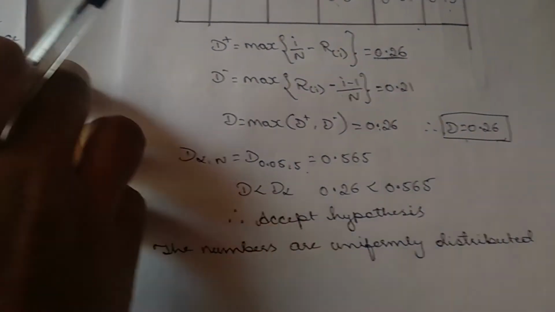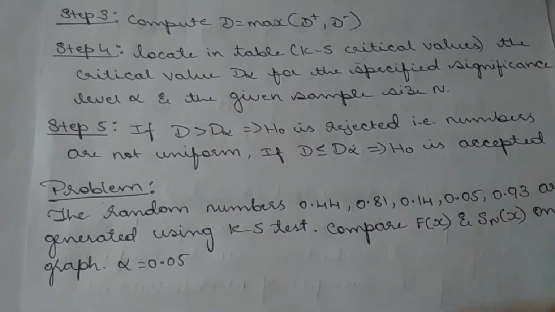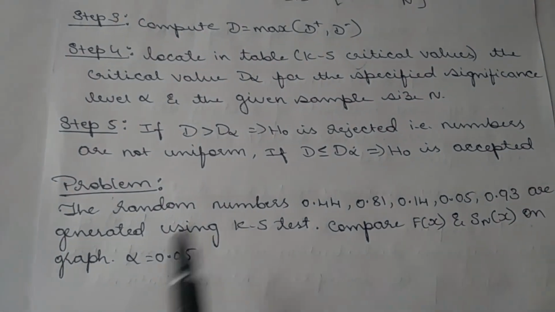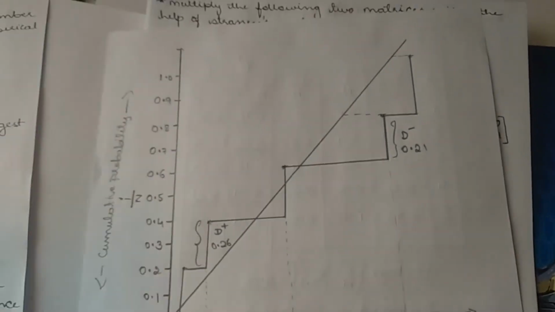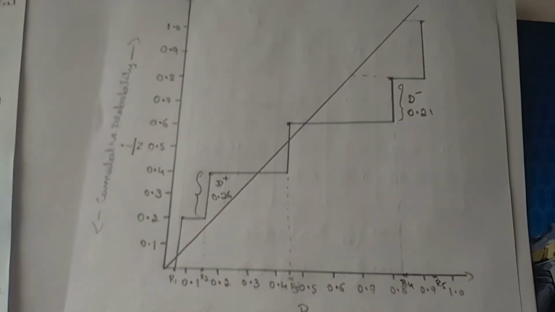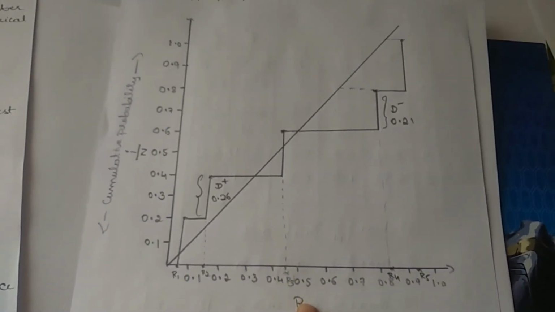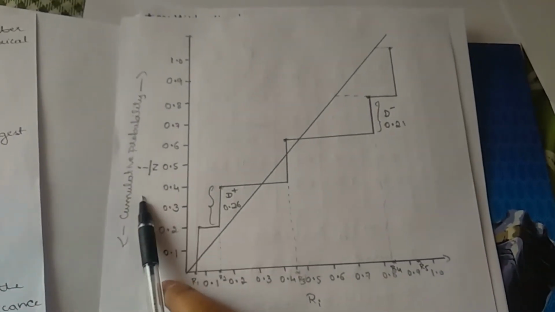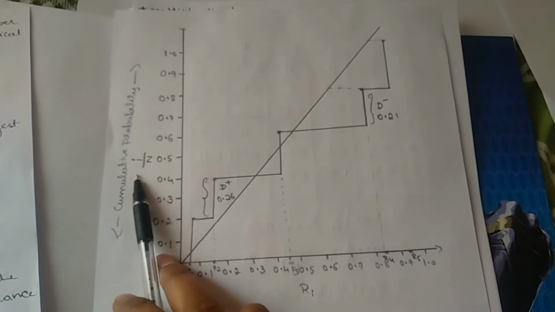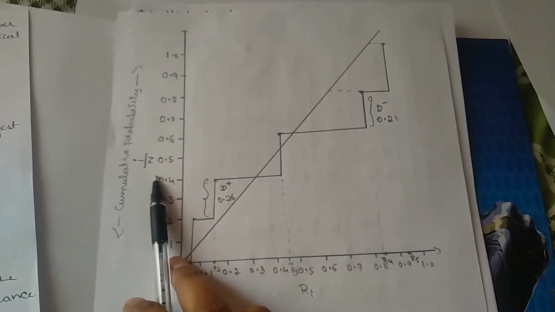Now in the question, they have asked you to compare f of x and Sn of x on a graph. Now I'll go to the graph, how you have to plot it. See here, this is the graph we need to plot. Here I'll take Ri, that is your random numbers, and here I'll take the cumulative probability, that is i by n, which we calculated in the table.